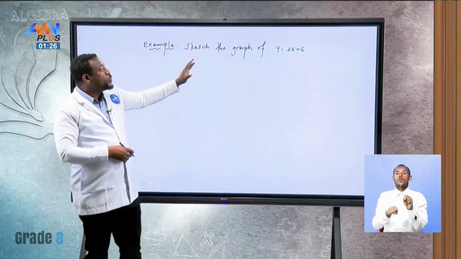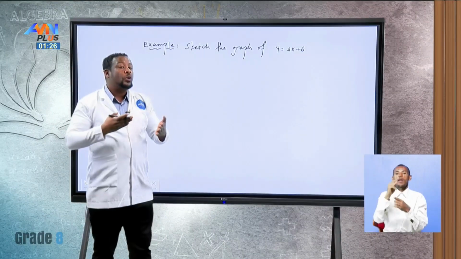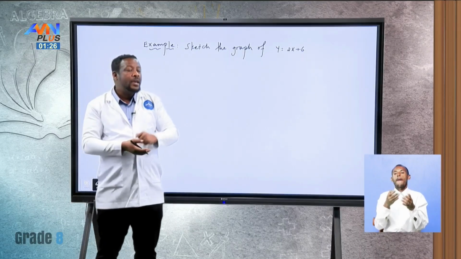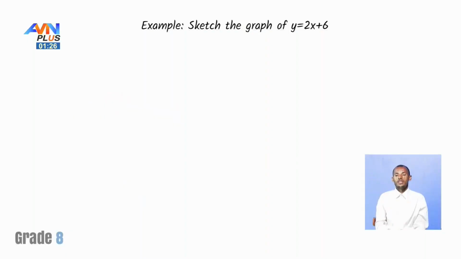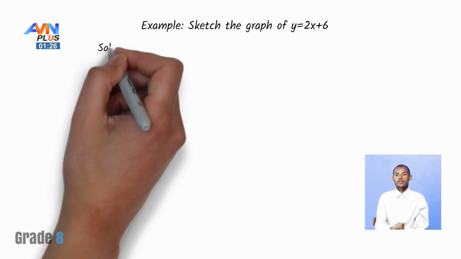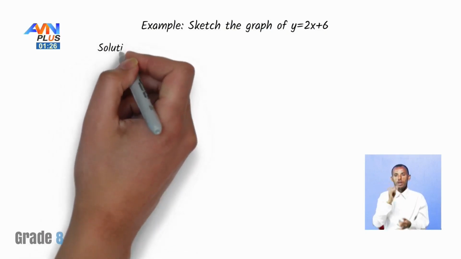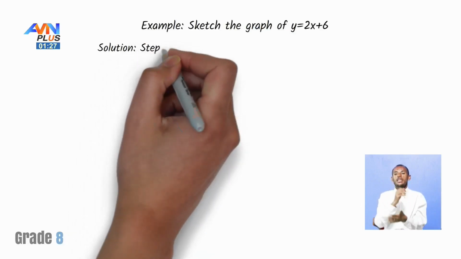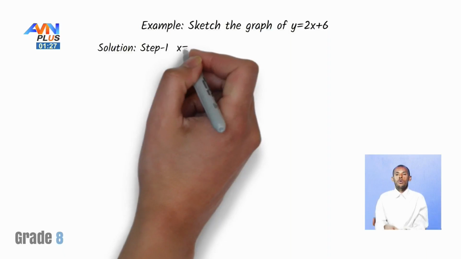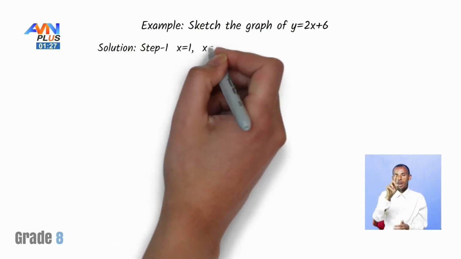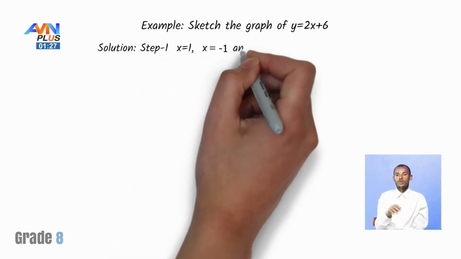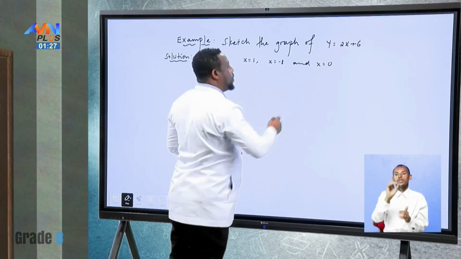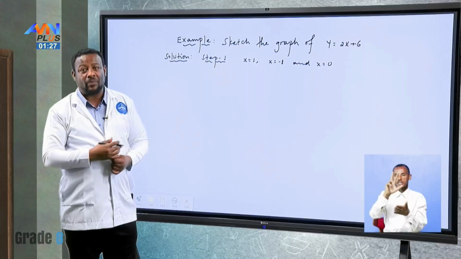So to sketch this linear function, we will apply the steps that I explained in method 1. Step 1 is, take 3 x values, say x = 1, x = -1, and x = 0. Okay, take these 3 x values.